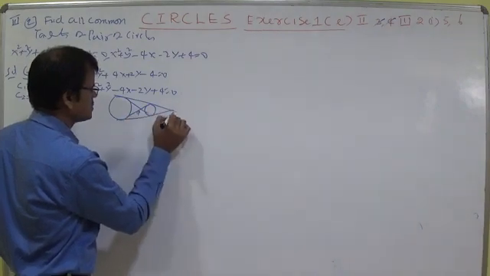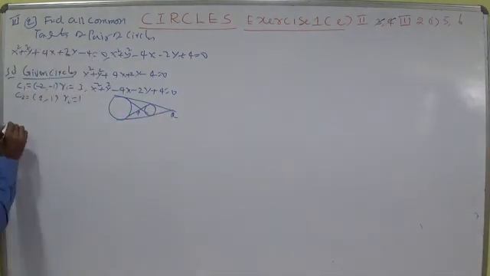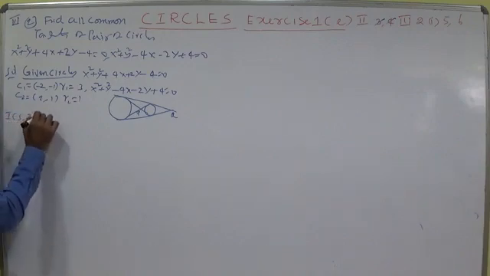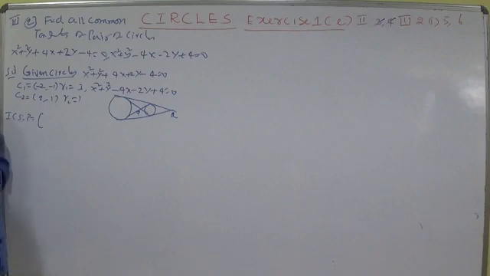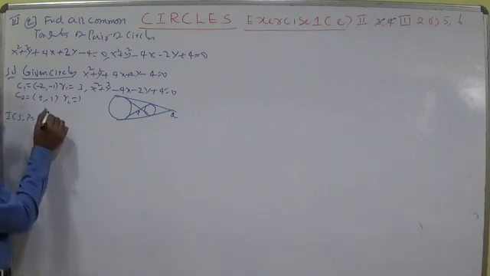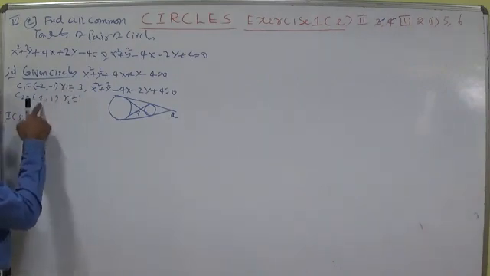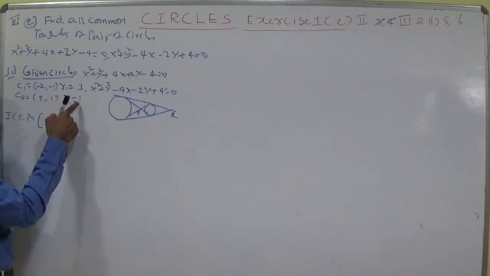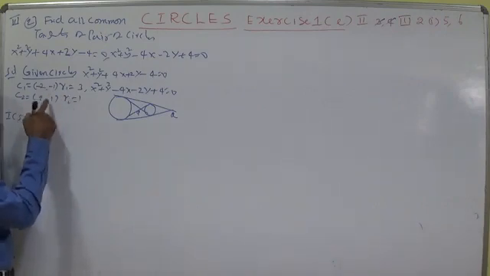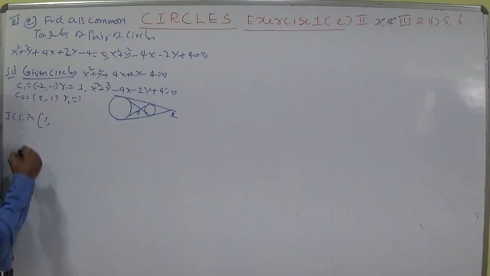Put here P. Let us find ICS P using the formula (R1 x2 plus R2 x1) by (R1 plus R2). R1 is 3, so 3 into 2, 6, plus R2 x1, so minus 2, 6 minus 2, 4, 4 by 4, it is 1.